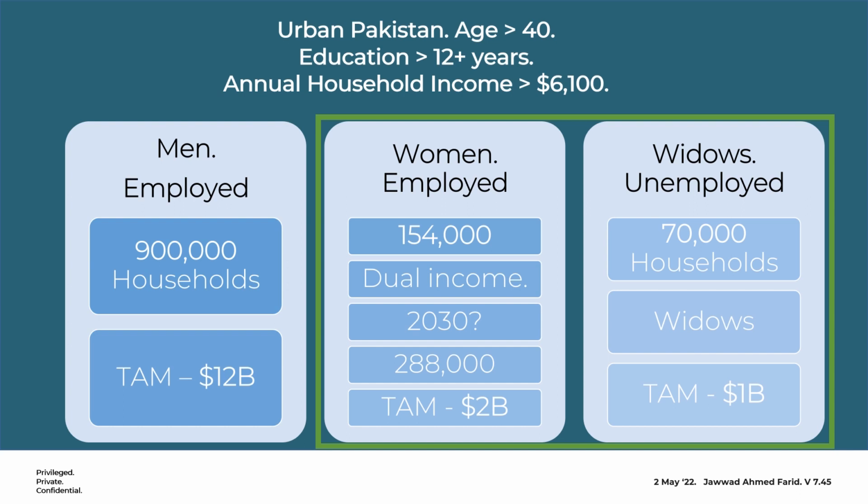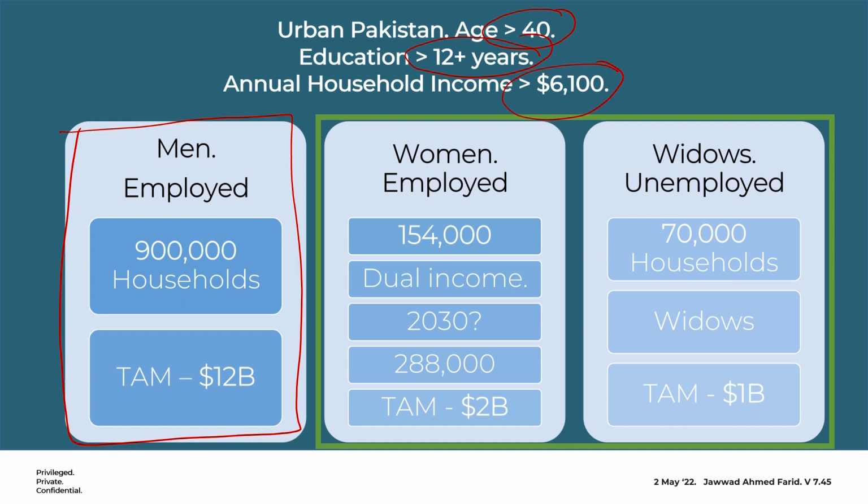The final part, the brightest part of our analysis and the data set, both on the PSLM side and on the census side, is what's happening to working women. So we looked at one specific segment of interest to a specific product profile: urban Pakistan, age greater than 40 years, education 12 plus years, annual household income about $6,000, right?